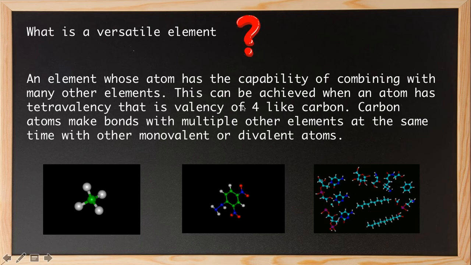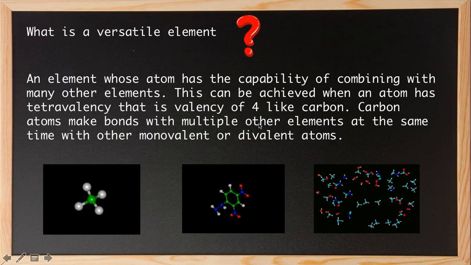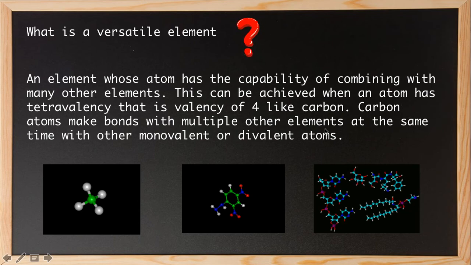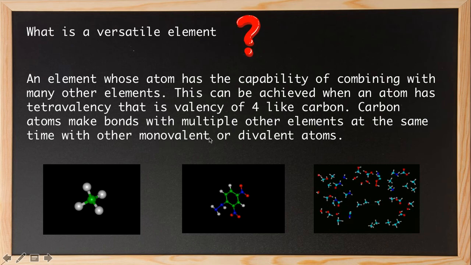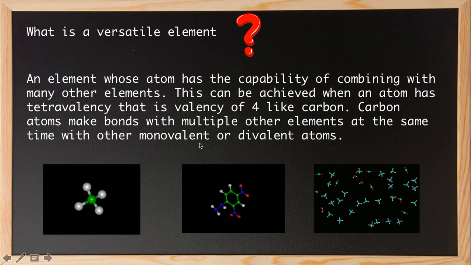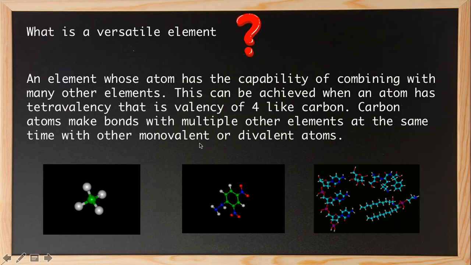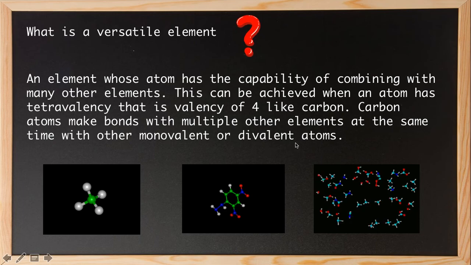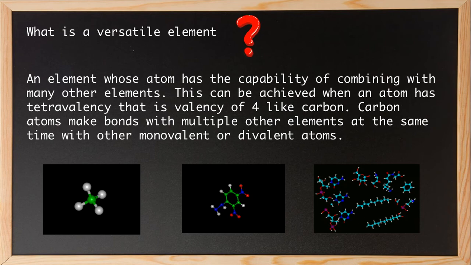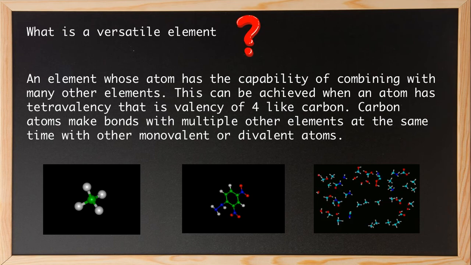Because of this particular valency, it is able to combine with multiple other elements at the same time, and these other elements are monovalent or divalent. So what is monovalent? The elements which have valency 1 are called monovalent, and the elements which have valency 2 are called divalent. Since carbon satisfies all these conditions, it is called a versatile element.